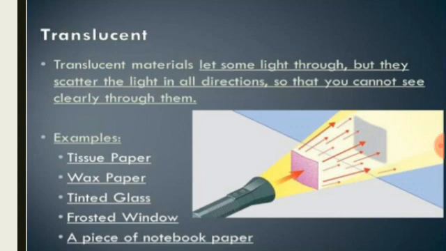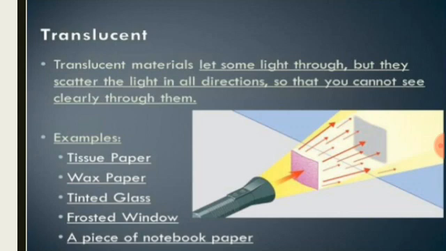Next we are going to talk about translucent. Translucent materials let some light pass through them, but they scatter the light in all directions so that you cannot see clearly through them.